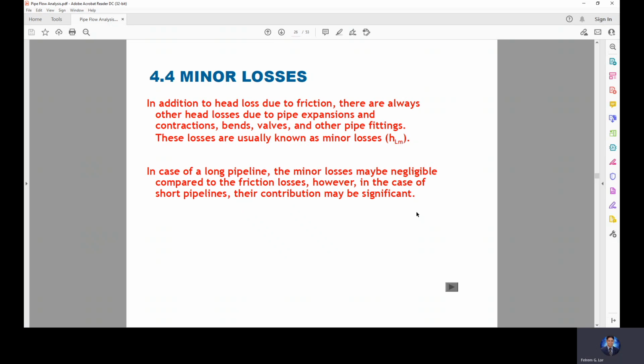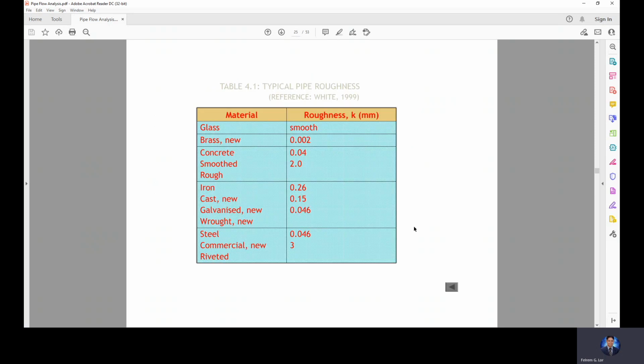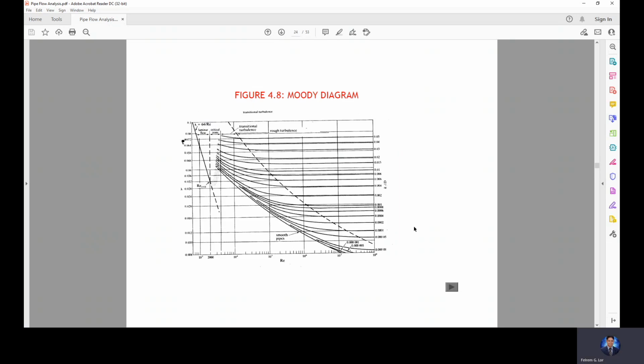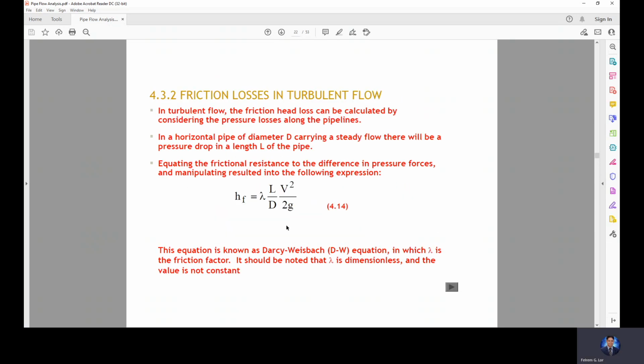Okay, so minor loss. Before we go to minor loss, let's go back to the equation for major loss. This is the equation for major loss, or the loss due to friction in a pipe.